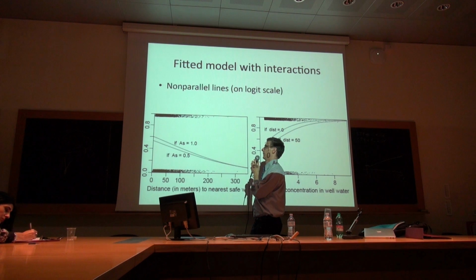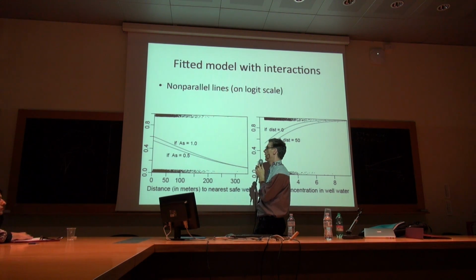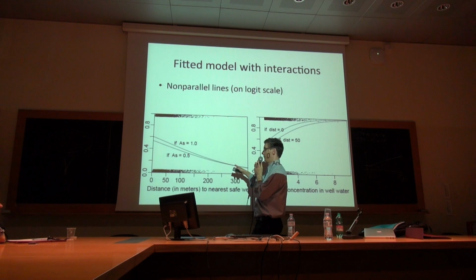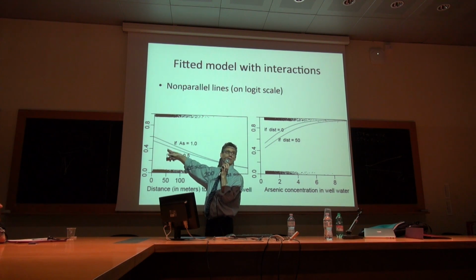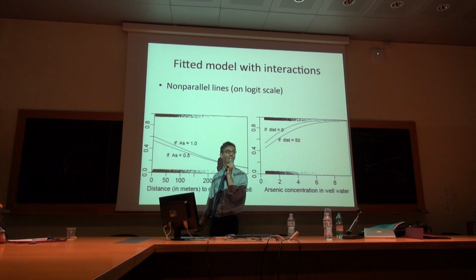One doesn't want to overinterpret things, but you could sort of argue that this makes sense, because what this is saying is people who are far away seem to be not very likely to switch no matter what. But if they're close, so they're in the range where switching is a possibility, then higher arsenic levels are sort of motivating them to go to the trouble of doing it.